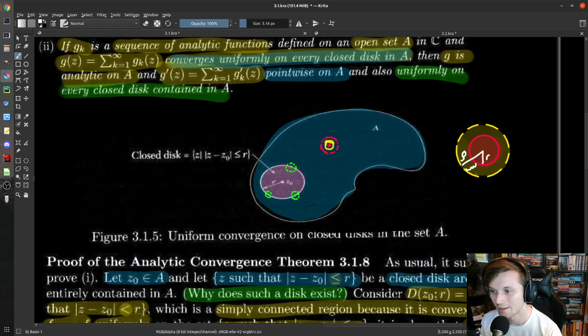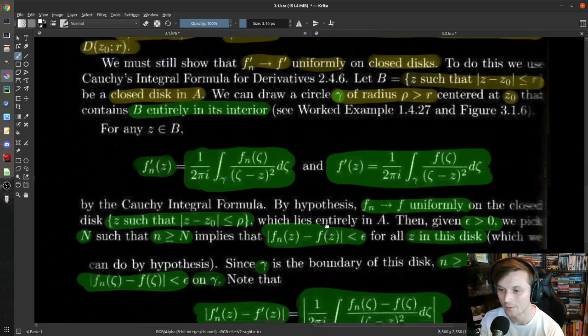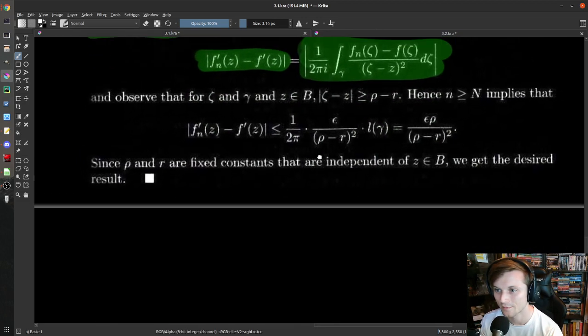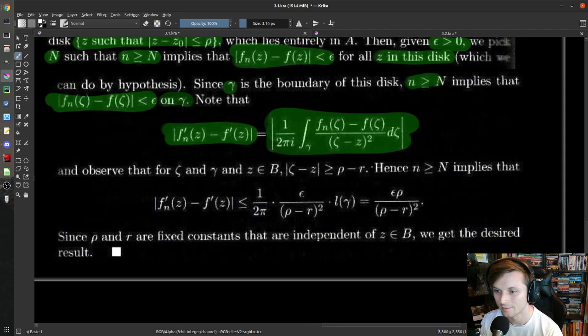This distance right here is rho minus r. So it's the distance between stuff, as far away as you can be in there. Okay. Anyways, zeta minus z is at least rho minus r.